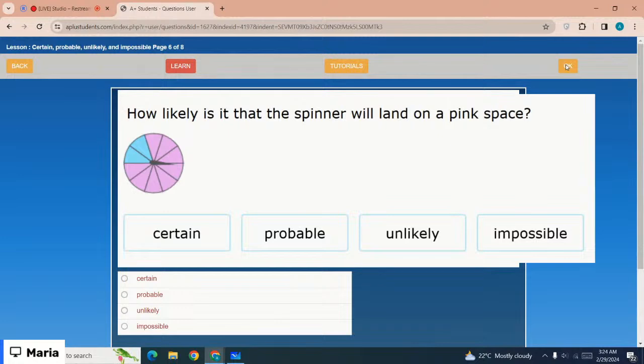How likely is it that the spinner will land on a pink space? Why unlikely? Most of the portions are pink on the spinner. So how is it unlikely then?